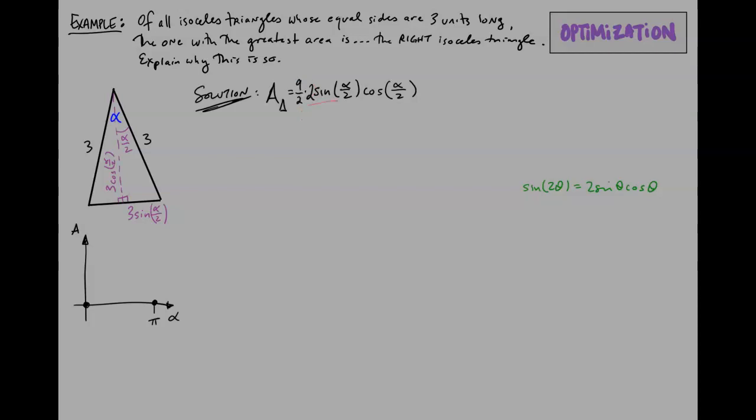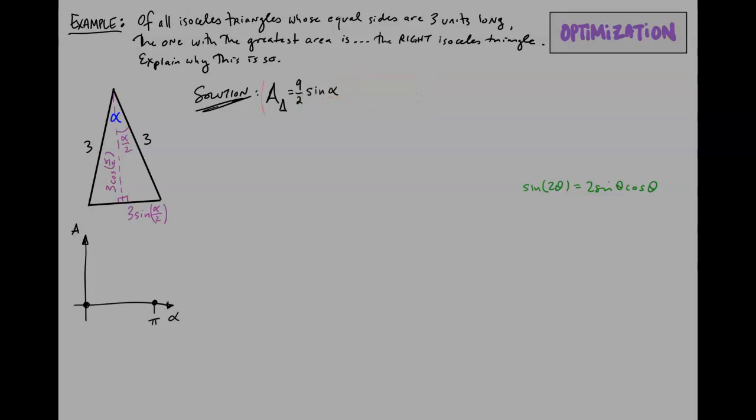And now I've got 2 sine something cosine something, and our identity tells us that 2 sine something cosine something is sine of double that something. In other words, it's sine of alpha. So all this just becomes sine of alpha.